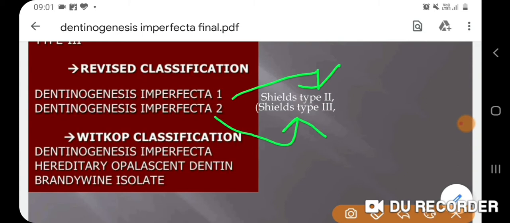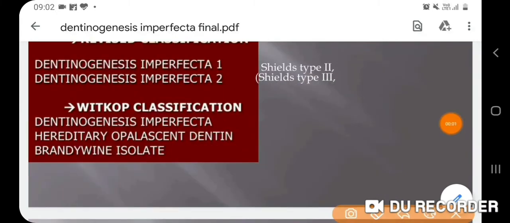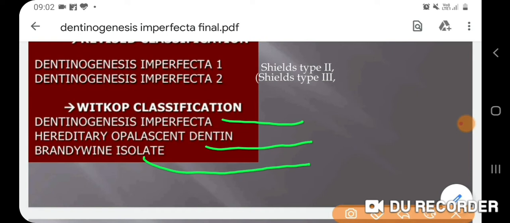In this revised classification, there is no substitute for the category designated as dentinogenesis imperfecta type 1 of the previous Shields classification. According to Witkop classification, dentinogenesis imperfecta, hereditary opalescent dentine, and Brandywine isolate, these three come under Witkop classification.